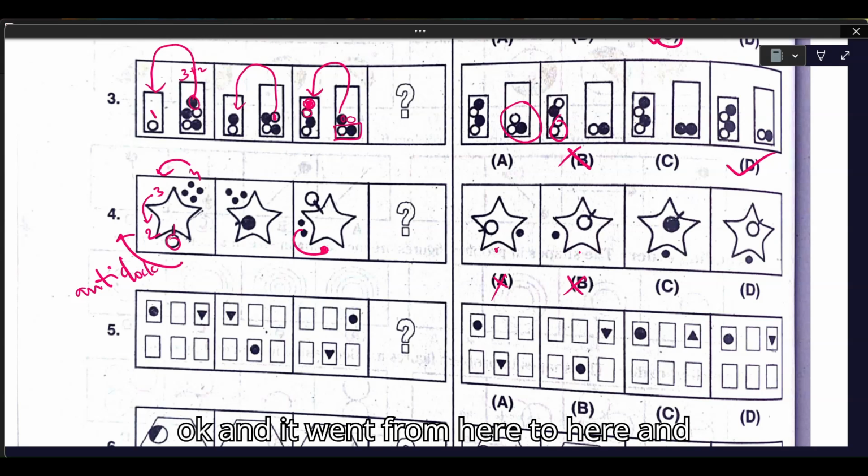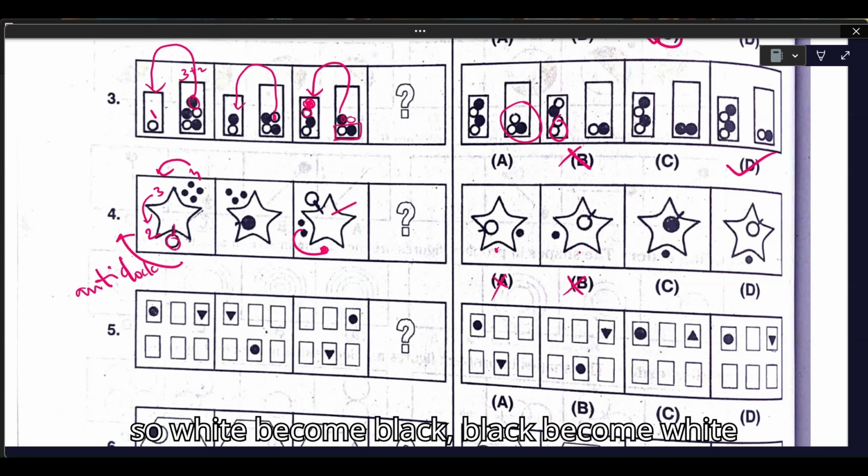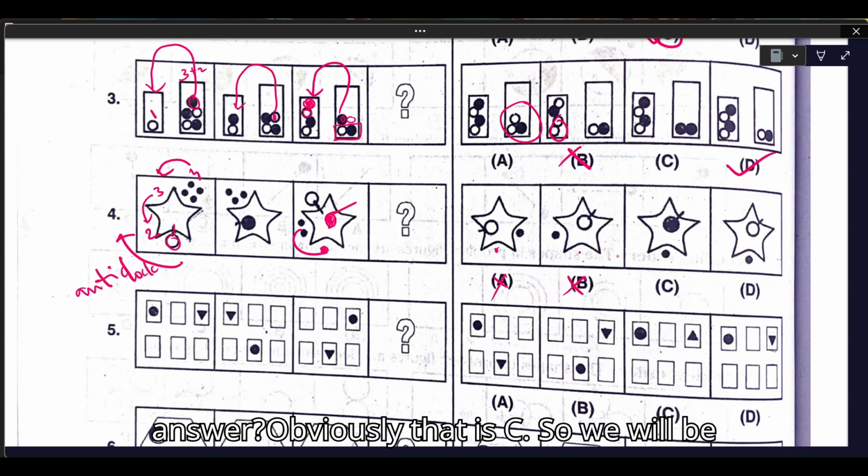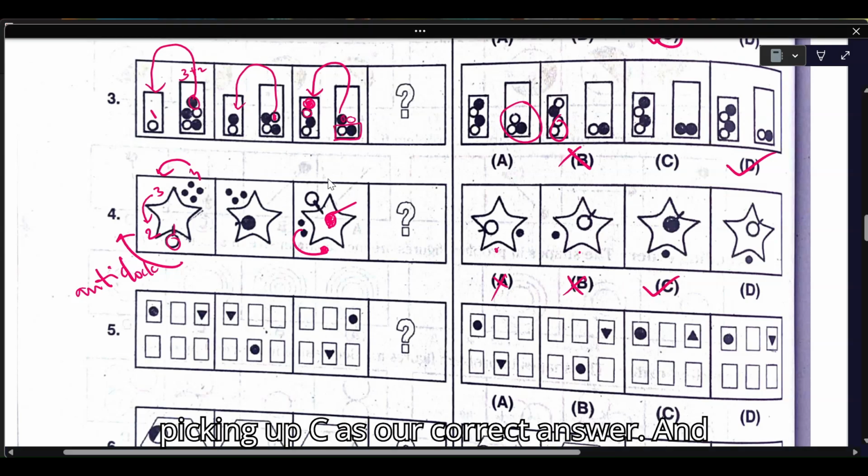Okay, and it went from here to here and then it went to here, and how will it go? Obviously it will go here. So white becomes black, black becomes white, and obviously the next one will be black, right? It is outside and this is inside, this is outside and this will be inside. So what will be the correct answer? Obviously that is C. So we will pick C as our correct answer.